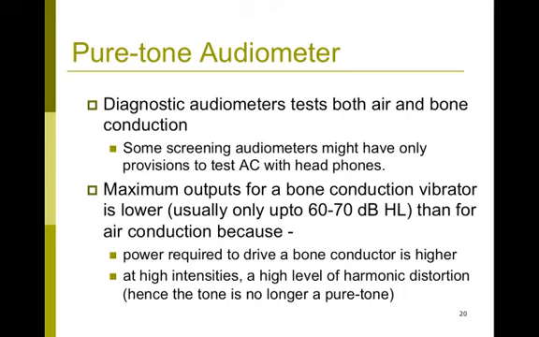And the second reason is that even if we were to test at higher intensities, those bone vibrators are going to result in distortion, so the tones you're presenting are no longer pure tones, and that's not desirable. So typically the highest we can go is around 70 decibels in most audiometers when we're testing bone conduction.